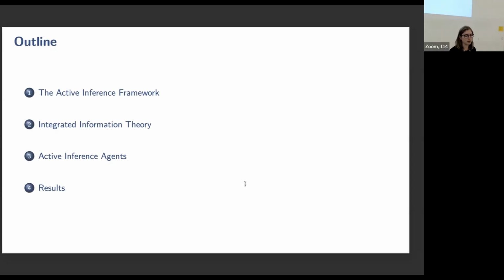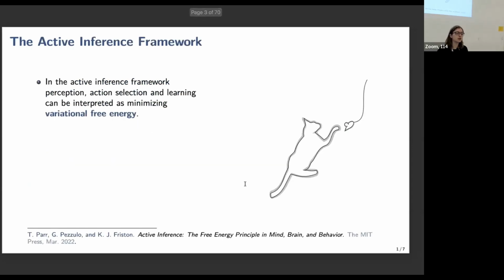So let's start with Friston's active inference framework. Most of you might be familiar with it. It's a unified way to look at perception, action selection, and learning as minimizing the variational free energy. I don't want to go into the mathematical details, but only give a rough idea of the theory. Here on the right, you see a cat interacting with its environment, this little mouse toy.